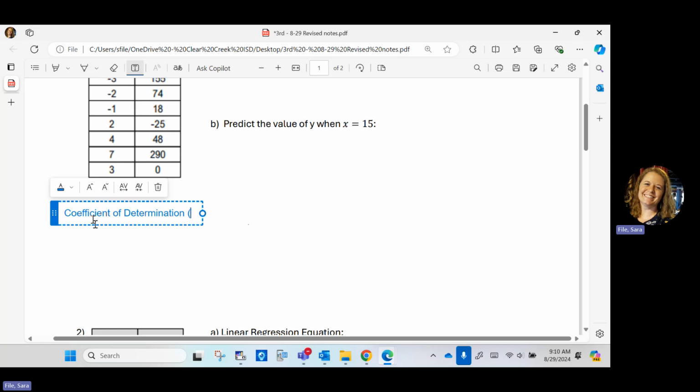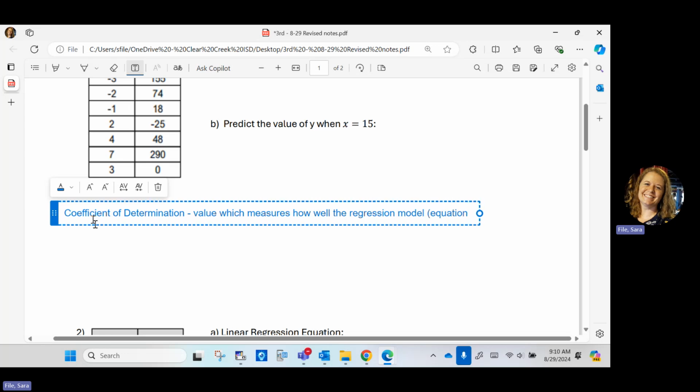I don't know if I can type the R squared, so I'll write that into the side. The coefficient of determination is the value which measures how well the regression model fits the data. The regression model is the equation that we're coming up with.